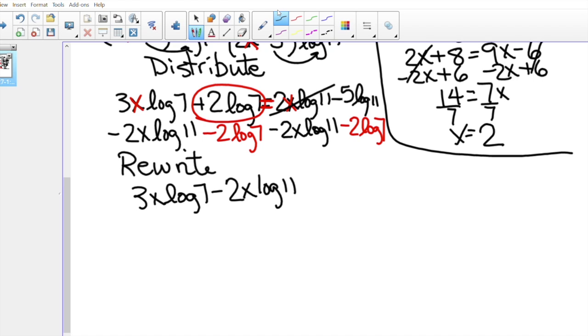But again, you cannot subtract negative, or in this case, add negative 5 and negative 2 as long as the 11 and 7.